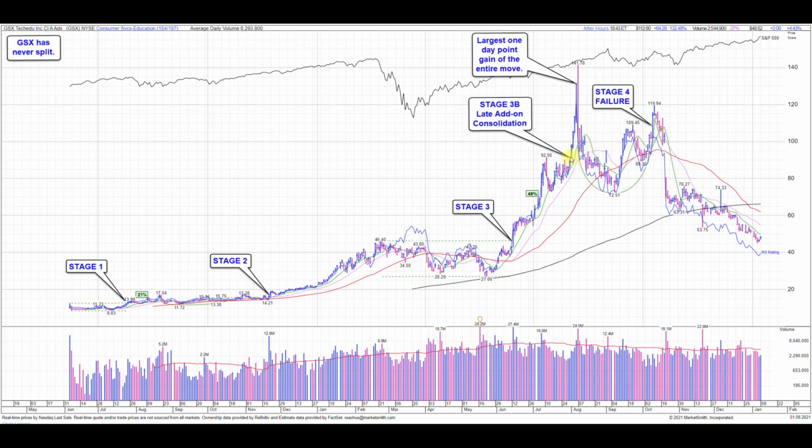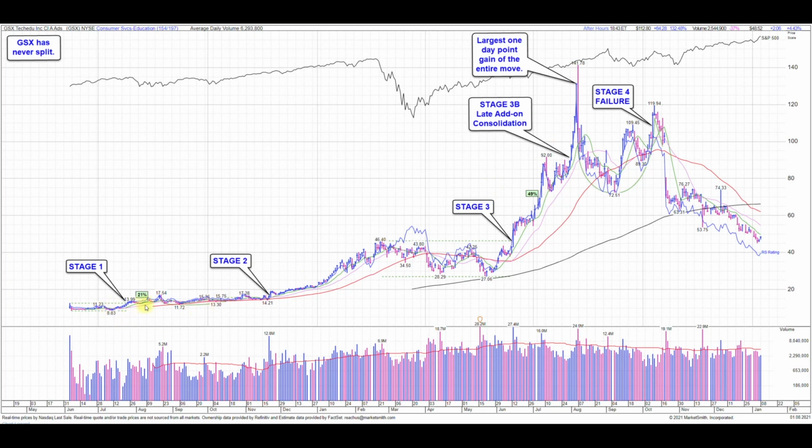So we can see the move coming out of this late stage consolidation is extremely powerful. By the time we explode out of here, not only does it look vertical and climaxy, it meets both of those definitions of climax move. It comes late, much later in its advance.